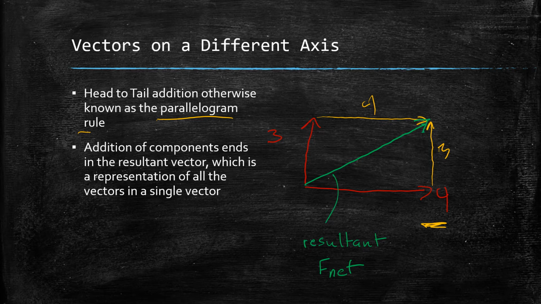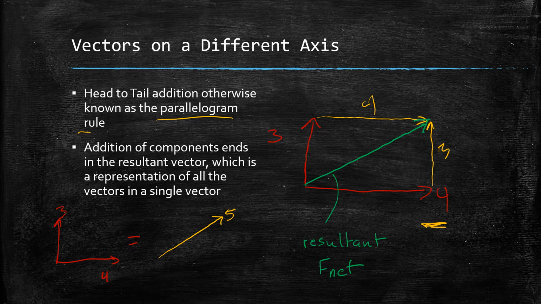So quickly, what that means is that 3 up and 4 to the right is equal to, and the same as, a 5 Newton vector at that angle. Those two things represent the same type of motion.